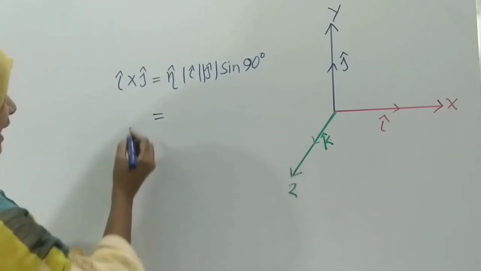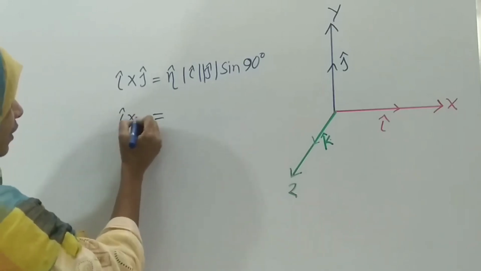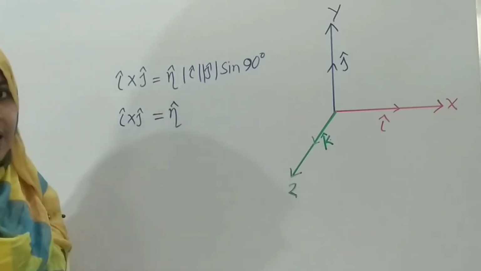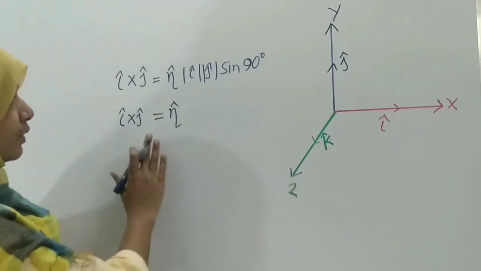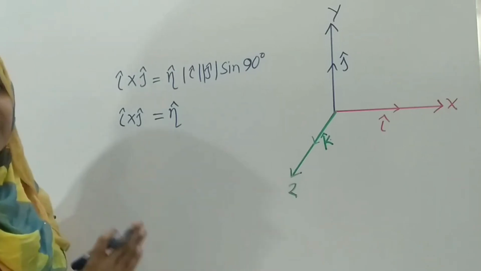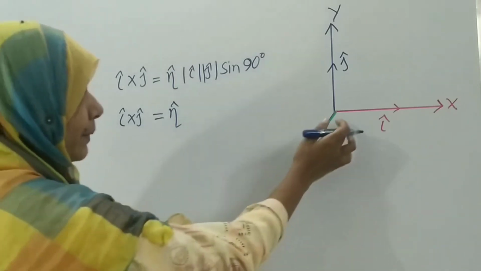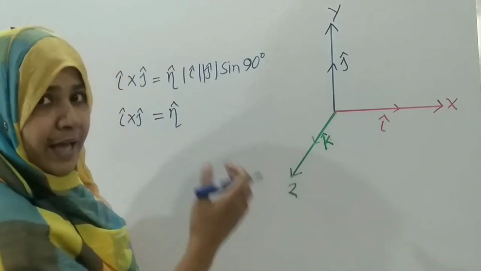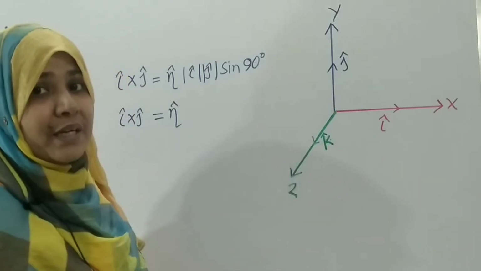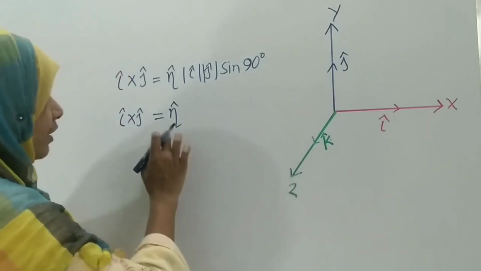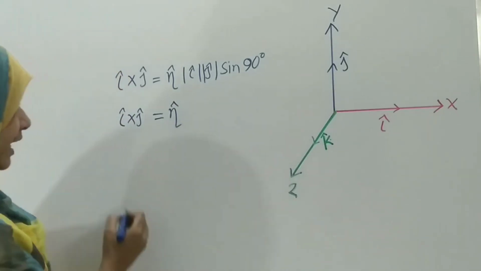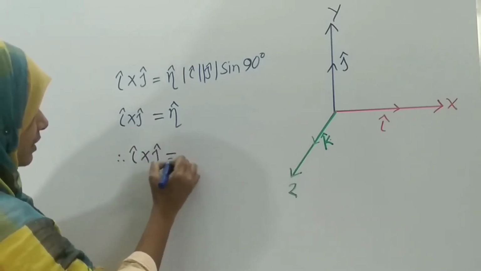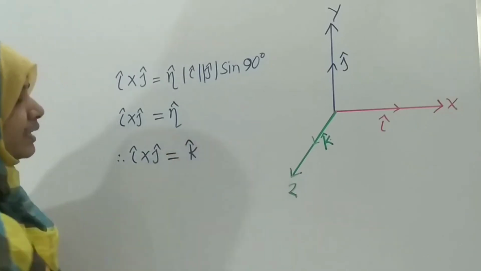So we can write that I cross J is equal to eta, and here eta means the perpendicular unit vector of I and J, and you know that the perpendicular unit vector of I and J is K, as these three vectors are perpendicular to each other. So instead of eta we can write I cross J is equal to K.